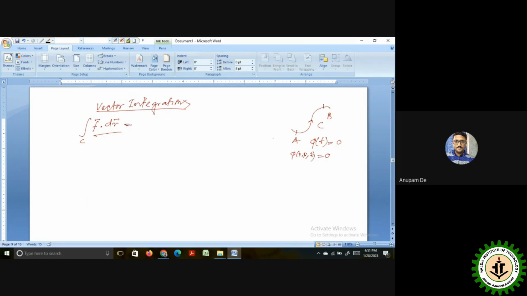If it is an easier integral, let's say you are starting with a point A, going to the point B, following some very simple curve, then on expanding it, it is going to be equal to f1 dx plus f2 dy plus f3 dz. Yesterday we talked about this line integral. So you do f1 dx, f2 dy, f3 dz, the way you have calculated line integral.